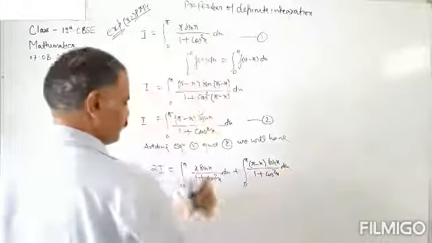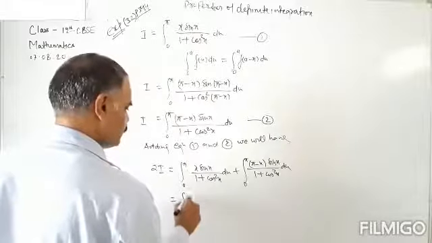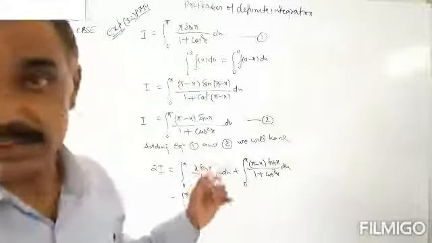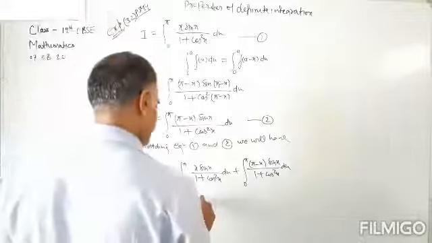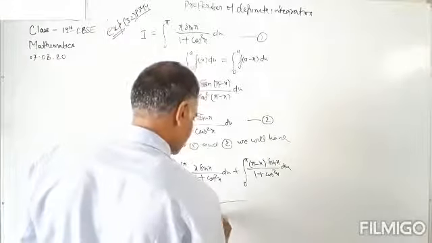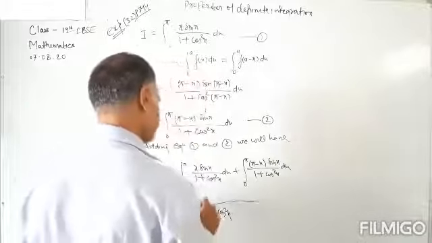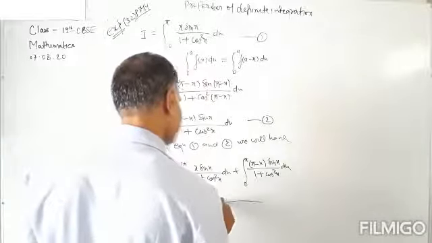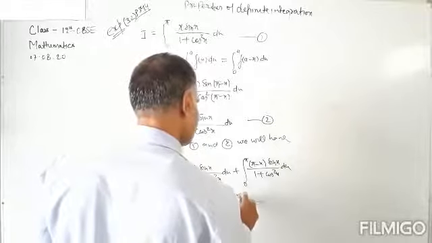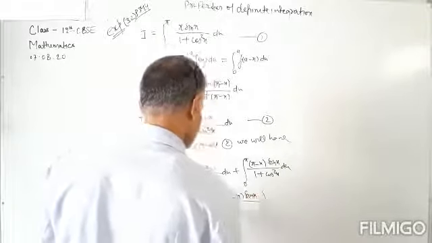Okay. Now this can be written as 0 to pi, taking 1 plus cos square x as LCM, x sin x plus pi minus x sin x dx.